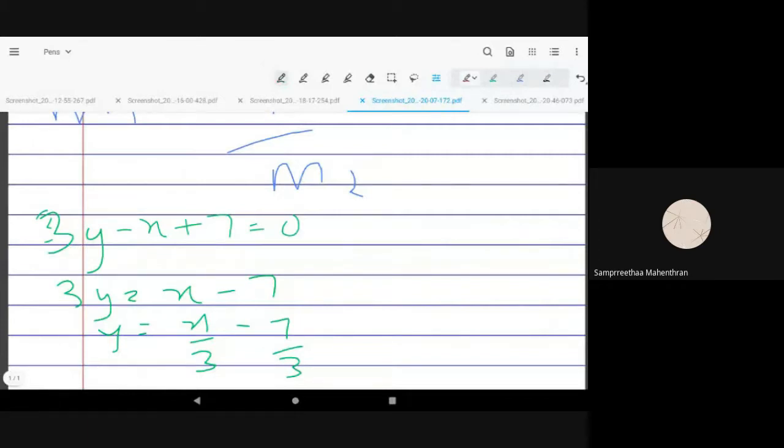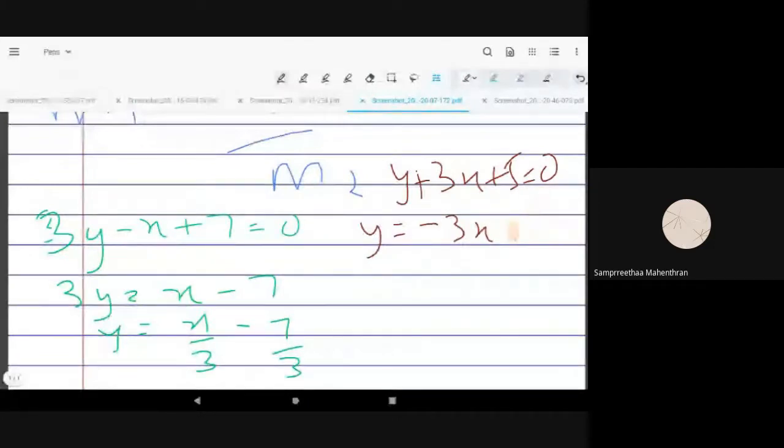Okay, so we need to check the second line. So second line, y plus 3x plus 5 equals 0. Change to y equals mx plus c, y equals -3x minus 5.